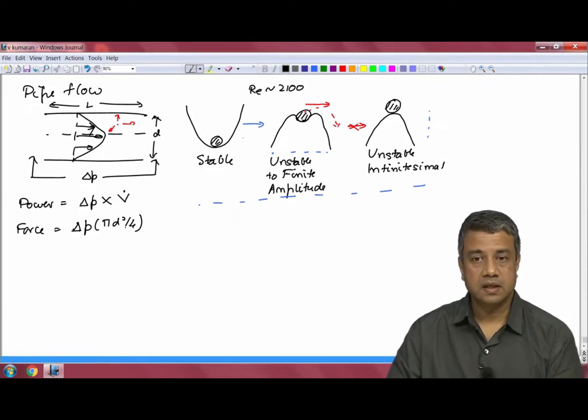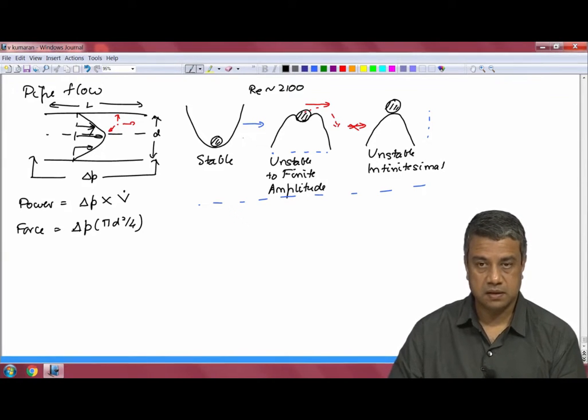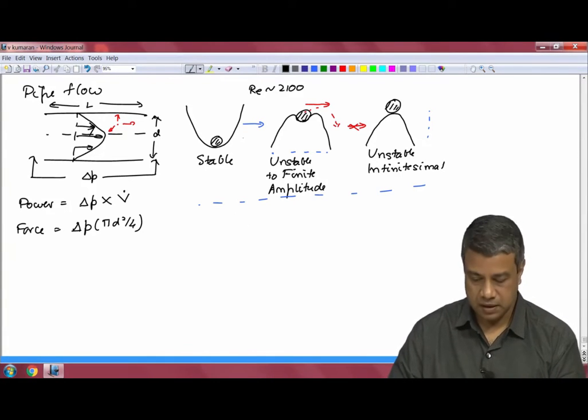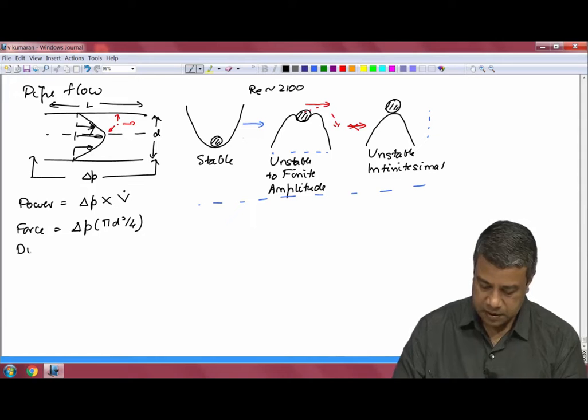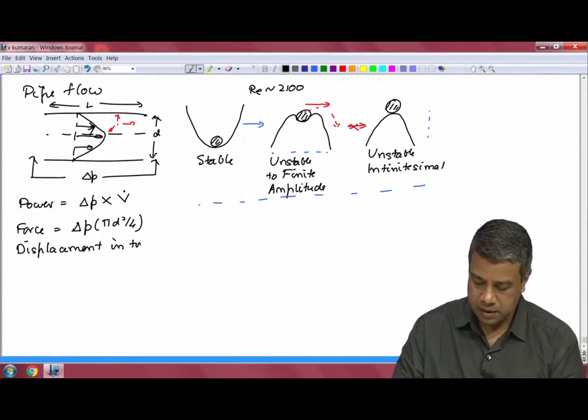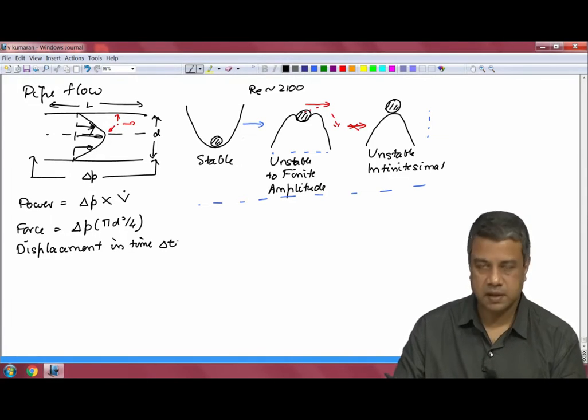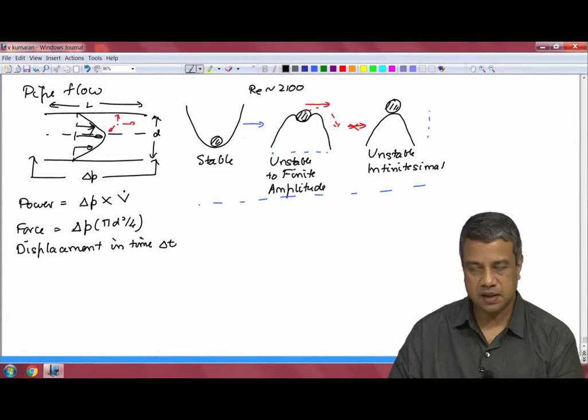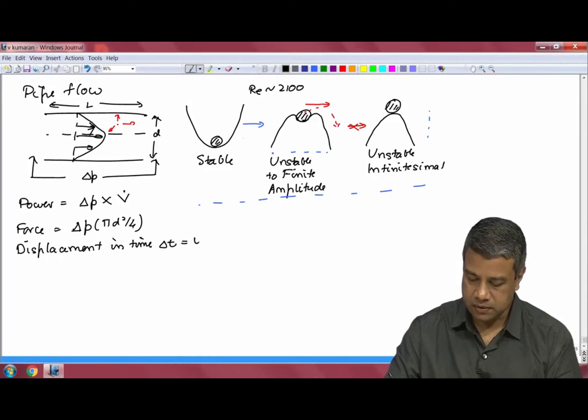That is the force exerted on the fluid. The average displacement of the fluid in time delta t is going to be equal to the average velocity times delta t.